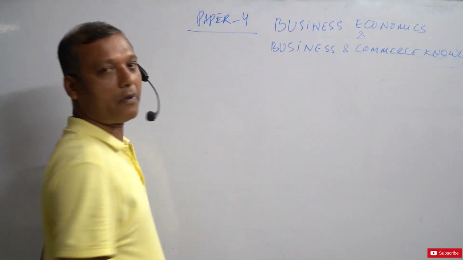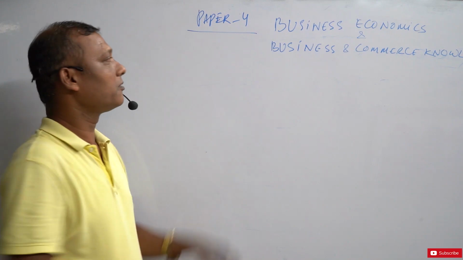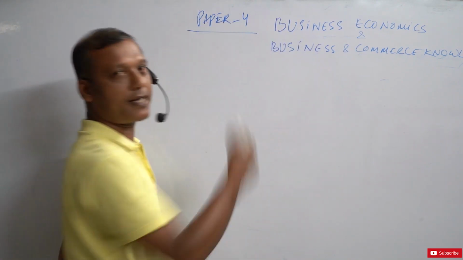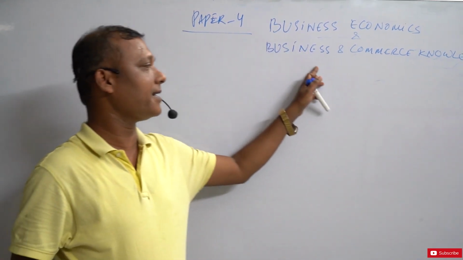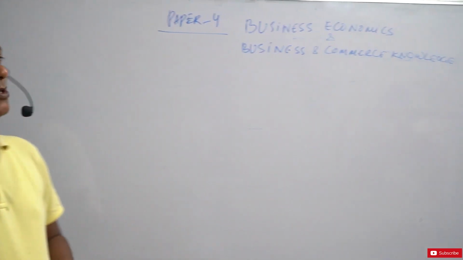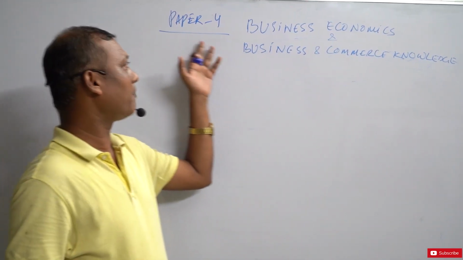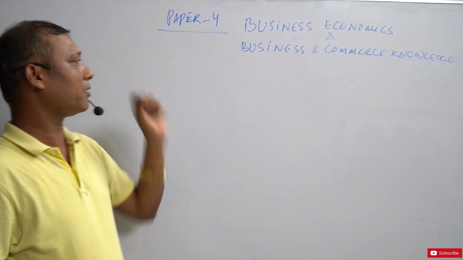So let me tell you, the paper is Paper 4. Part 1 is Business Economics, and Part 2 is Business and Commerce Knowledge. If you combine them together, it comes to Paper 4, the integrated paper.